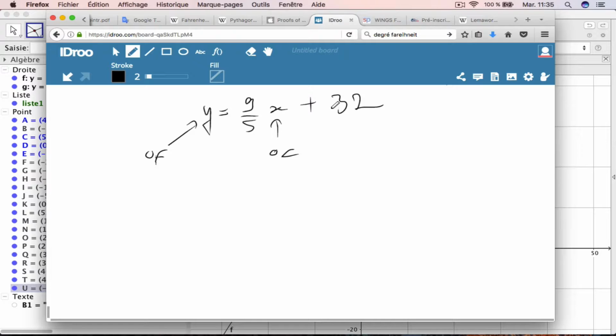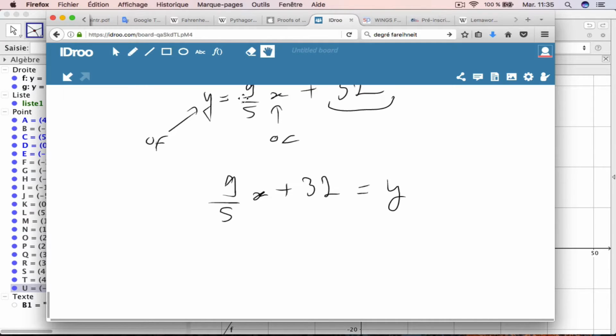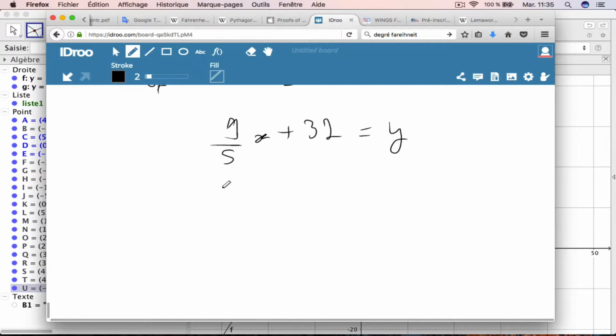First of all, we have to get this guy on the other side. So let's write it on this side. The purpose is to find x. Okay? So let's do this. Minus 32 equals y minus 32.